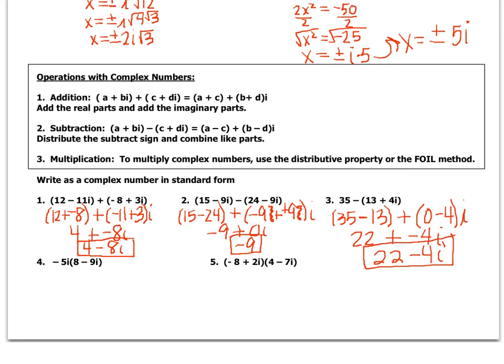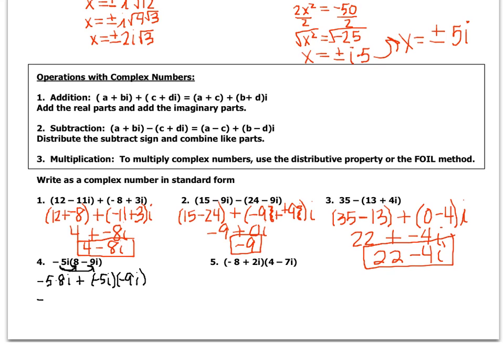Down here at the bottom, notice that negative 5i is on the outside. So we need to distribute it to everything on the inside. So negative 5i times 8. So we do negative 5 times 8 and then keep the i there. And then plus negative 5i times negative 9i.